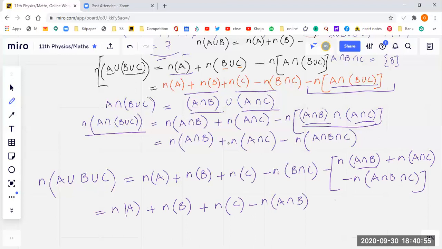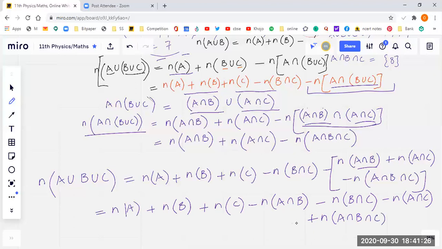Minus number of elements in A intersection C. Right, now here automatically minus will come. See, this is plus, minus will come. Minus number of elements in A intersection C, and here minus is there. So what will come, Arjinder? Minus will become plus. Plus number of elements in A intersection B intersection C.